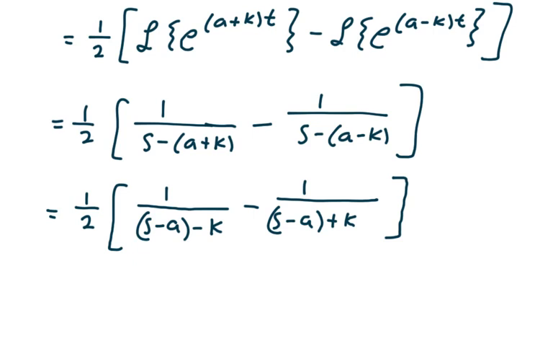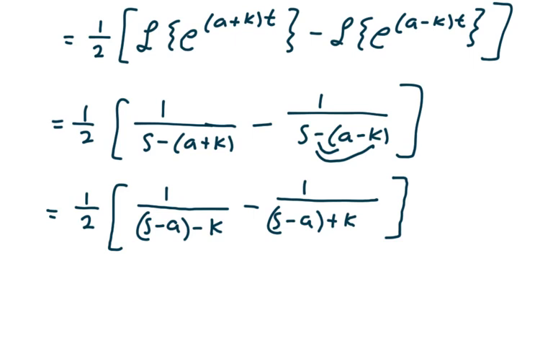So this is 1/2 of 1 over (s minus a) minus k, minus 1 over (s minus a) plus k. You can see I just distributed the negative inside to each term within the parentheses, and then I grouped s minus a together.